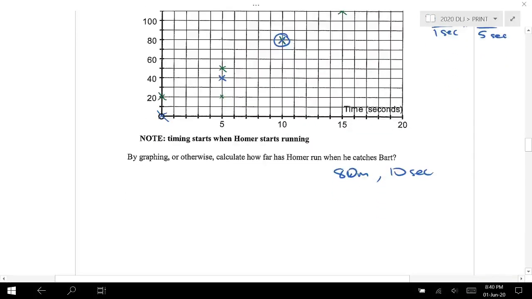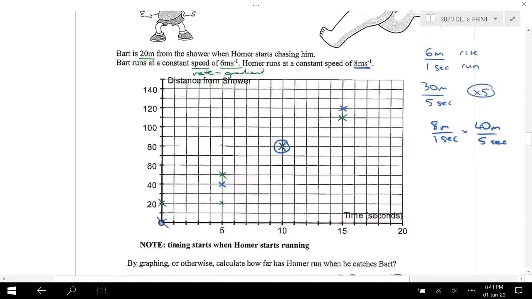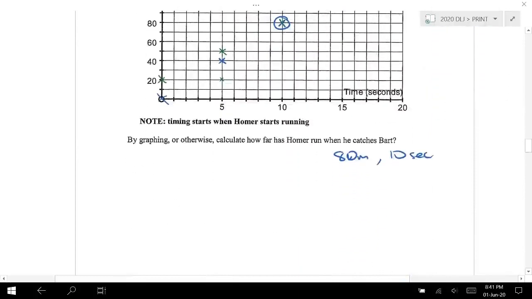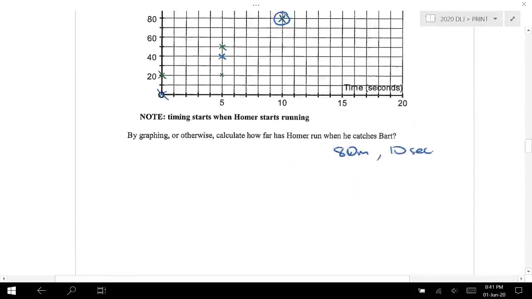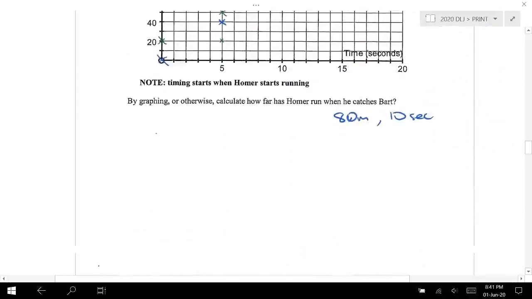So another way of doing this would be to set your two equations. Well, you could have had two equations. So Bart's equation would have been, his distance is equal to 6 meters per second times the time plus where he starts, which is 20 meters ahead.